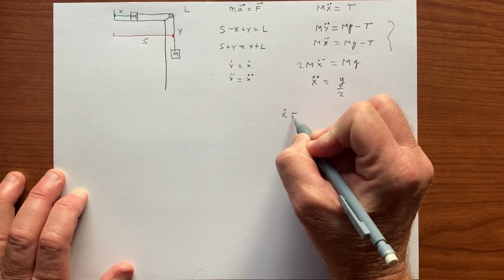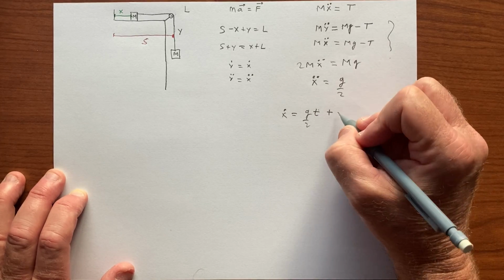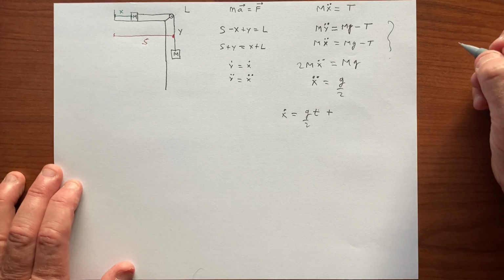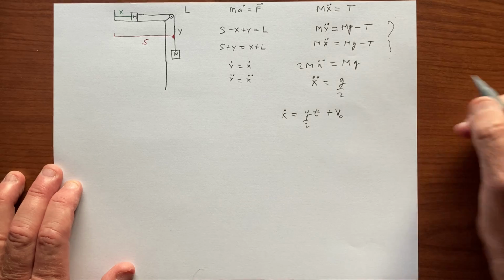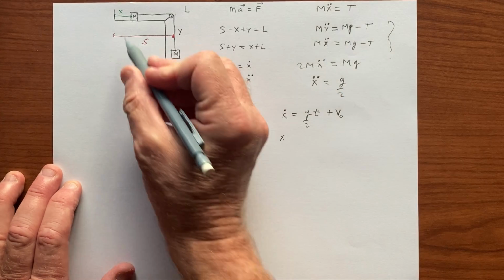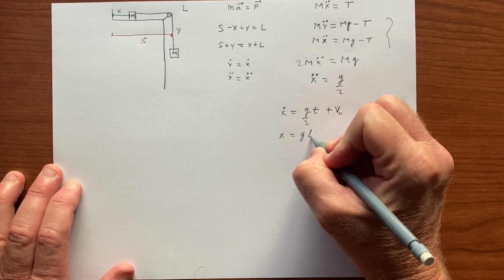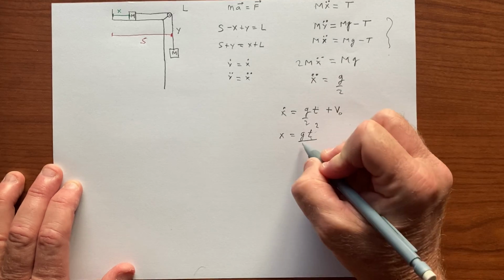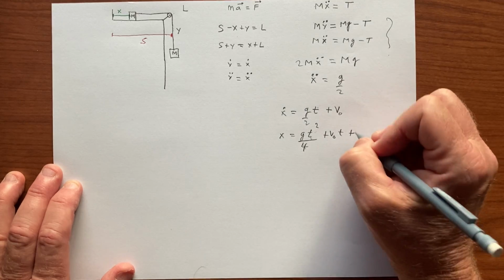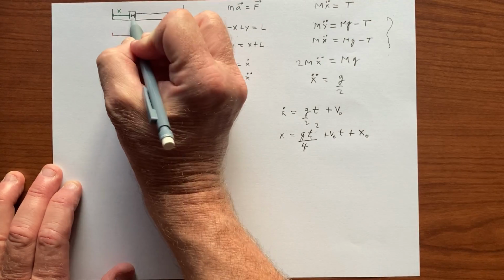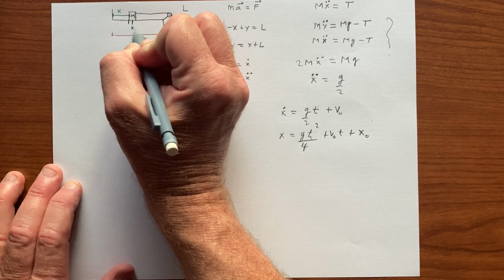That gives us x dot is equal to g over 2 t plus some initial speed, if the system was given some initial speed, v naught, and therefore the x position here is gt squared over 4 plus v naught t plus whatever we call its initial position along here, we're calling that x naught.